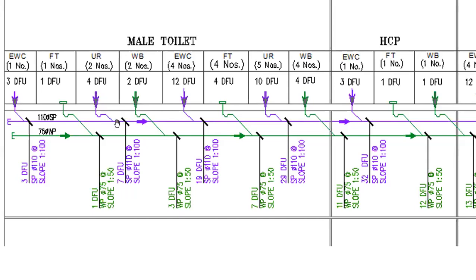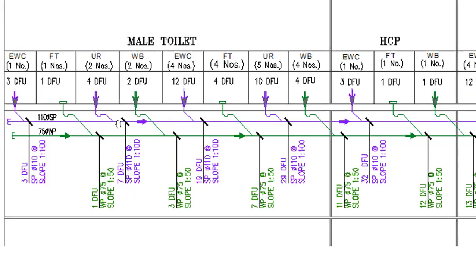So the total drainage fixture units for the header is 3 plus 4, 7 fixture units. Already 3 is coming here, and another 4 we are connecting. So here we will get 7 drainage fixture units, with a pipe size of 100 mm and the slope 1:100 we are maintaining.